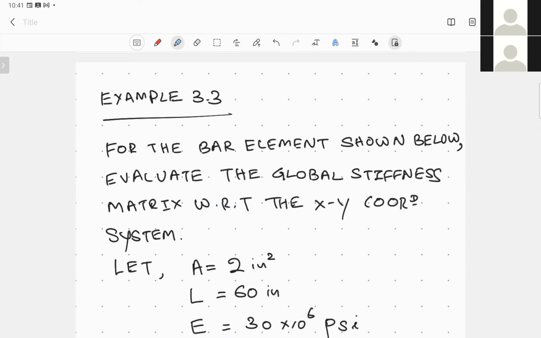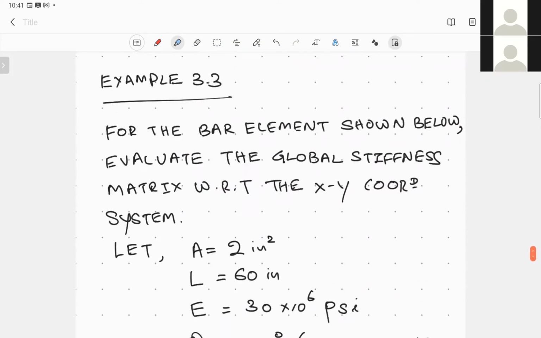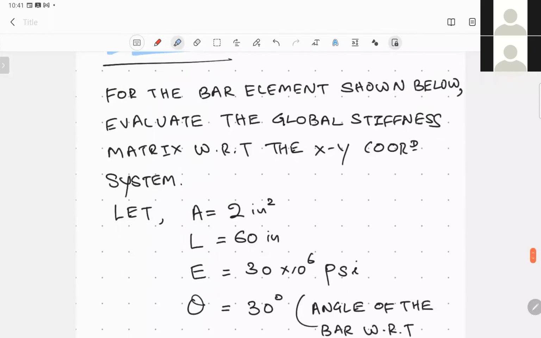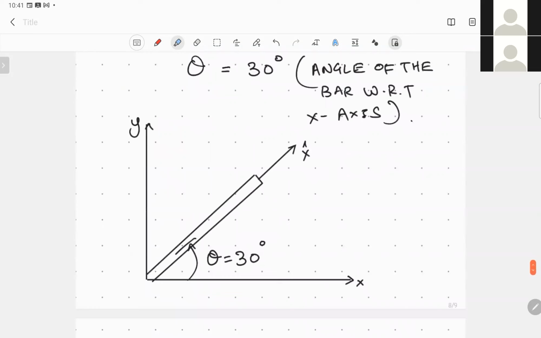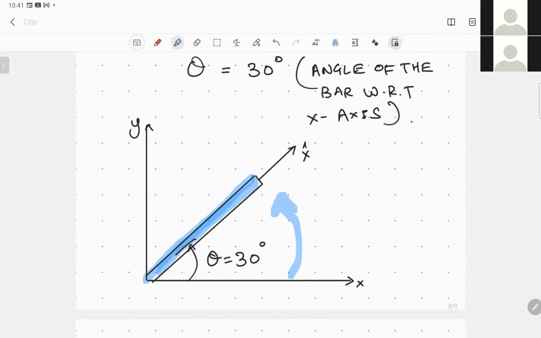Let's consider example 3.3. What you have to do is, for the bar element shown here, quite simple, a bar element where the local coordinate system is rotated anti-clockwise by 30 degrees with reference to the global coordinate system.